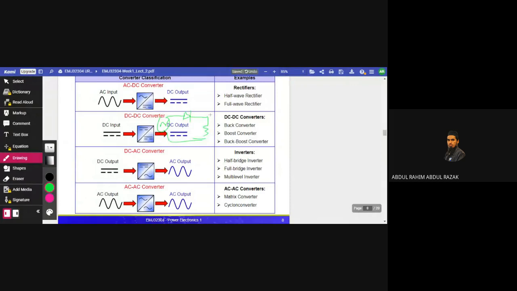It will only pass the positive cycle. The negative cycle will be blocked, and only the positive cycle is released. So this is the cheapest and simplest rectifier, an AC-DC converter, formed from a single diode.